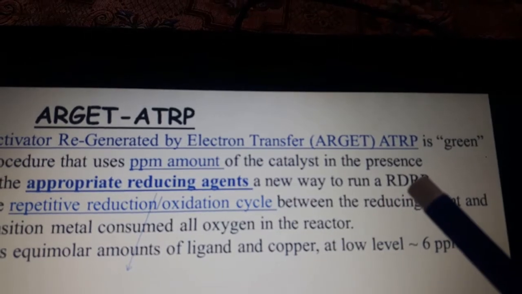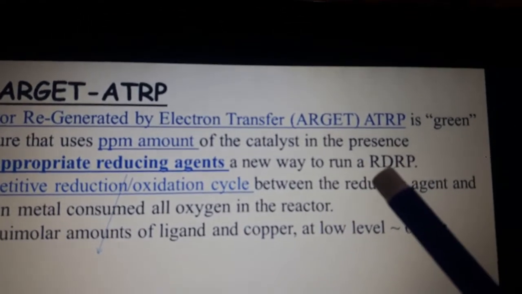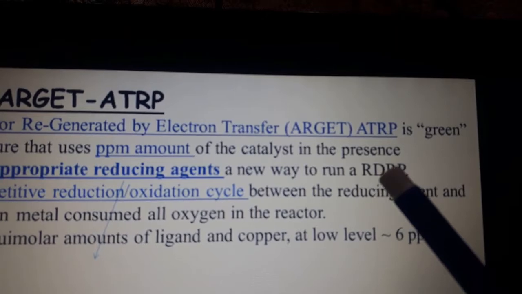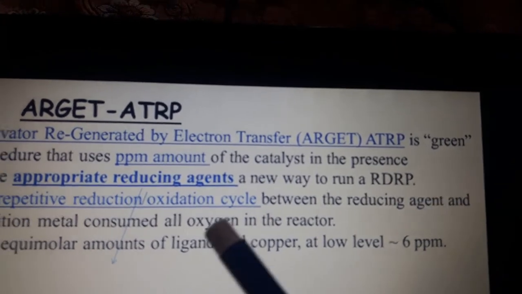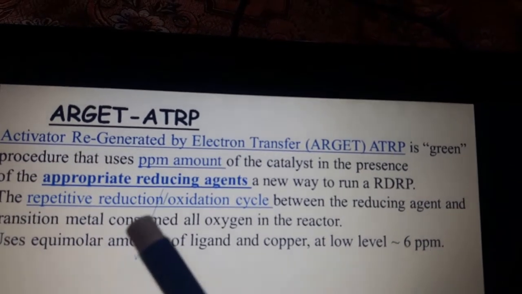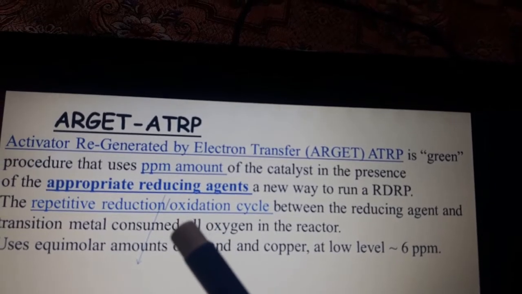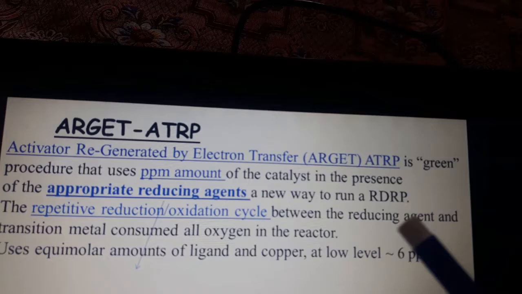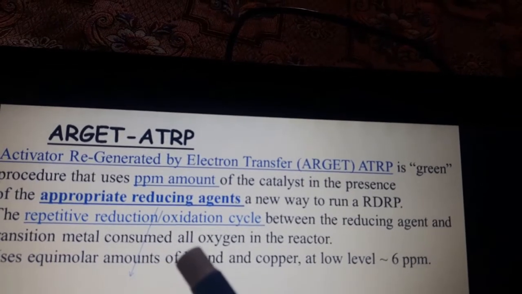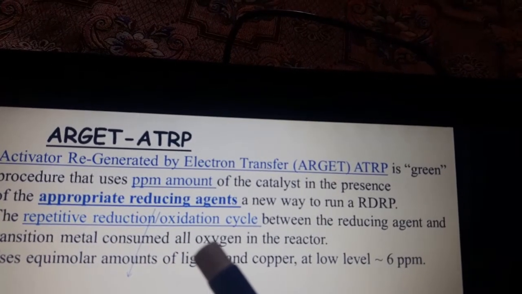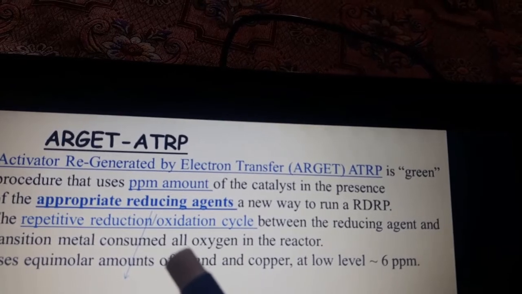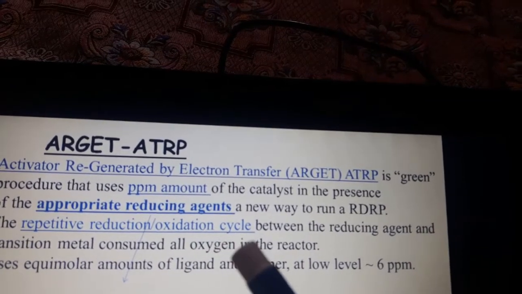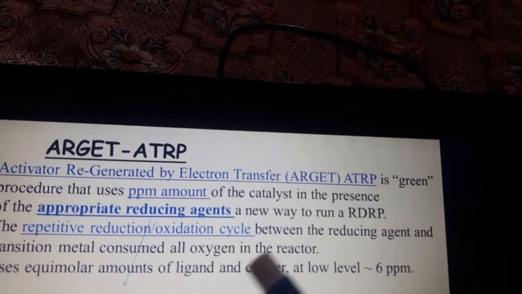This is a new way to carry out reversible deactivation radical polymerization. This process uses a repetitive reduction oxidation cycle between the reducing agent and a transition metal catalyst in a higher oxidation state. So it consumes all oxygen in the reactor.